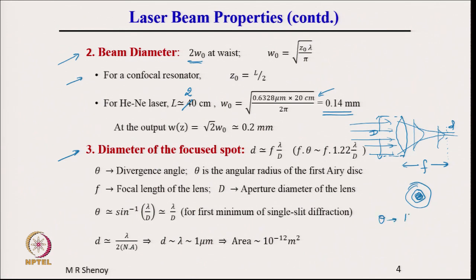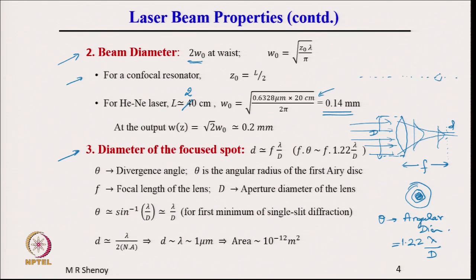The angular diameter is equal to 1.22 lambda by d. So, theta is of the order of lambda by d, and that is why we have substituted here d, the diameter of the spot.